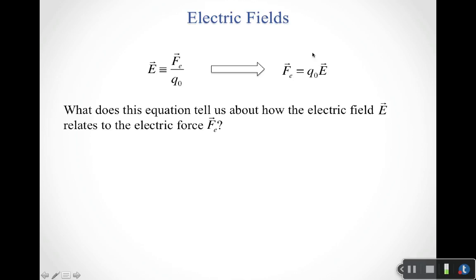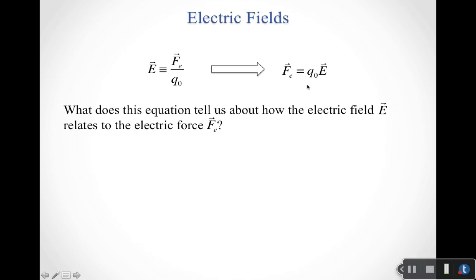And this is probably the more fundamental way to think about what's going on, because the force that we actually see when we see charges attract and repel each other is really a fact of some test charge responding to the electric field generated by some source charge that's already present before I bring the test charge in there.